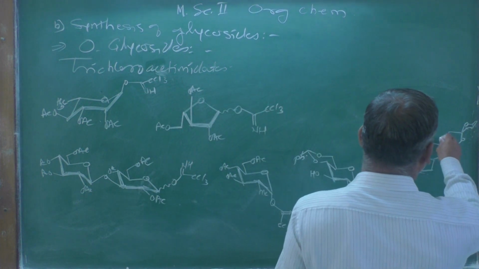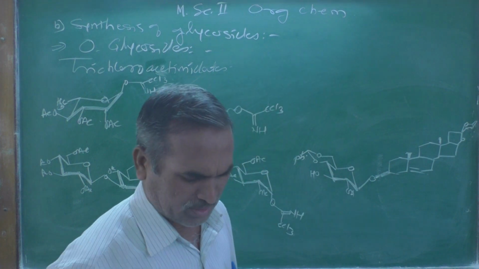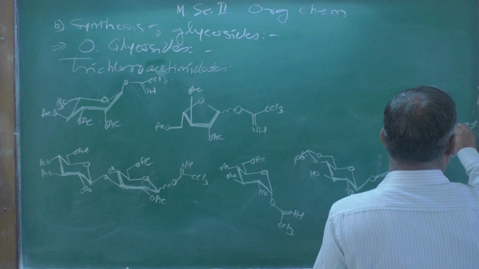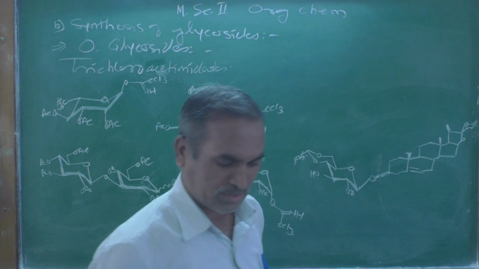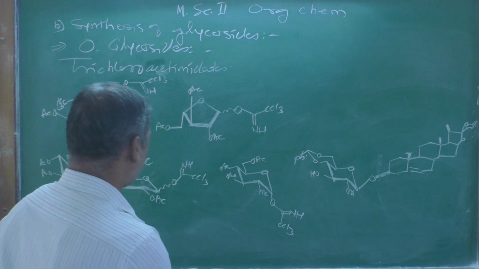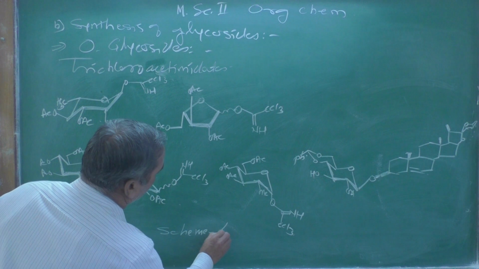Here also the stereochemistry is shown by this methyl group, and one methyl group may be here at this junction, above the plane. So this is represented as scheme number 4.